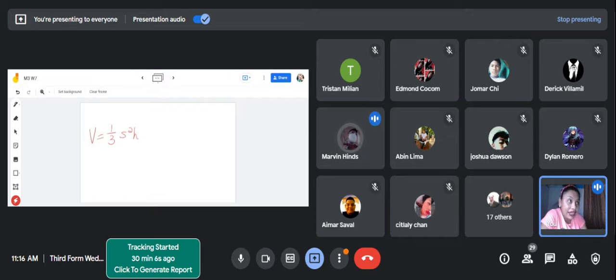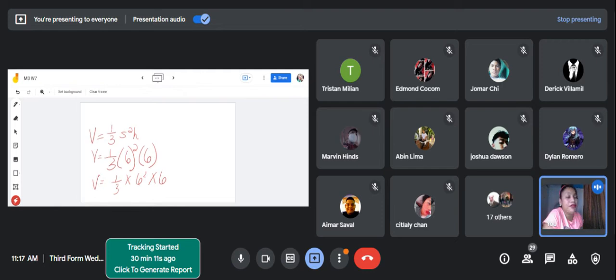And what is the height? 6. 6 as well. So I'm going to substitute those numbers for this question. And I'm going to have that V is equal to 1/3 times 6 squared times 6. Right? And if you don't want to write it with the brackets, it's going to be 1/3 times 6 squared times 6.